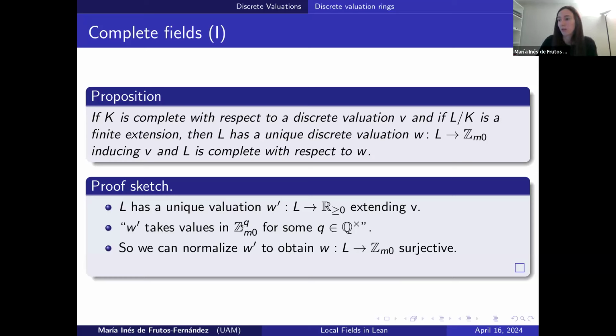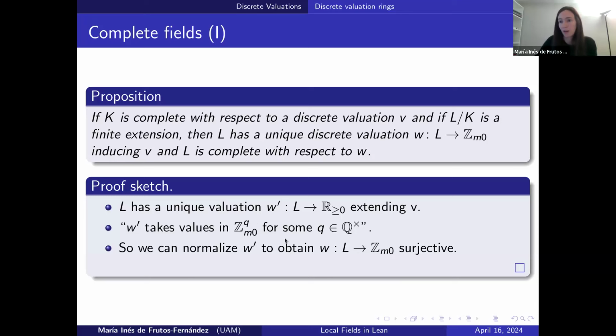Because you cannot really take the Q-th power of a term in ℤₘ₀, where Q is a rational number. So I'm just pointing this out to make clear that in the formalization we have to do a bit more.